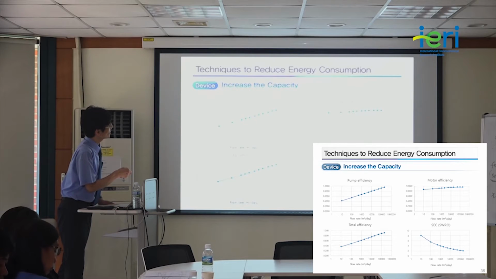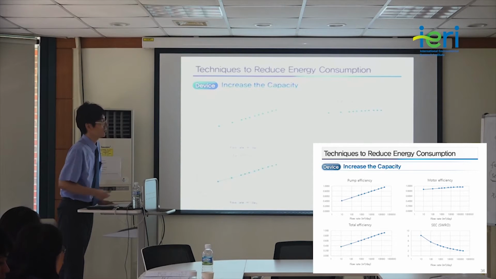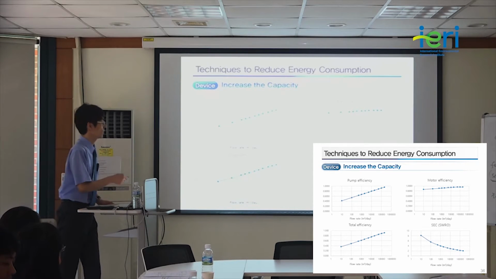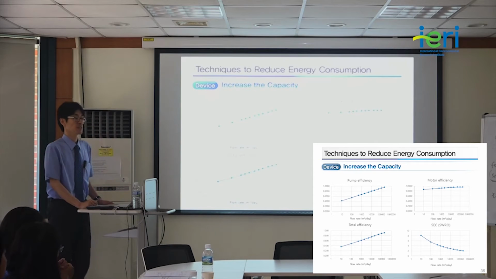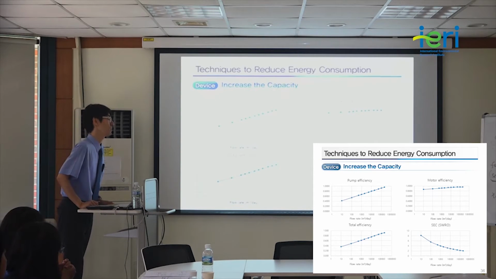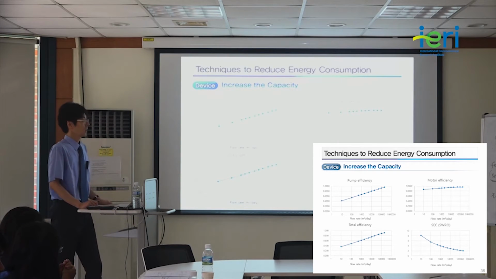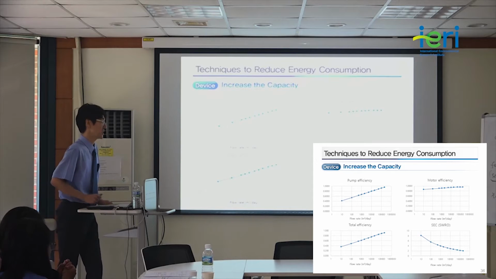Due to this kind of relationship, if you calculate the specific energy consumption by considering these efficiencies, it is highly dependent on the plant capacity. If you consider a plant producing only 110 cubic meter per day of water, it has a specific energy consumption of 8 kilowatt hour per cubic meter, which is a significantly large number.